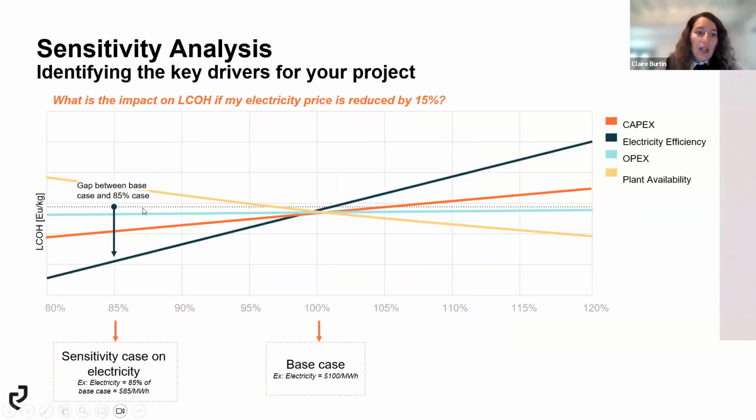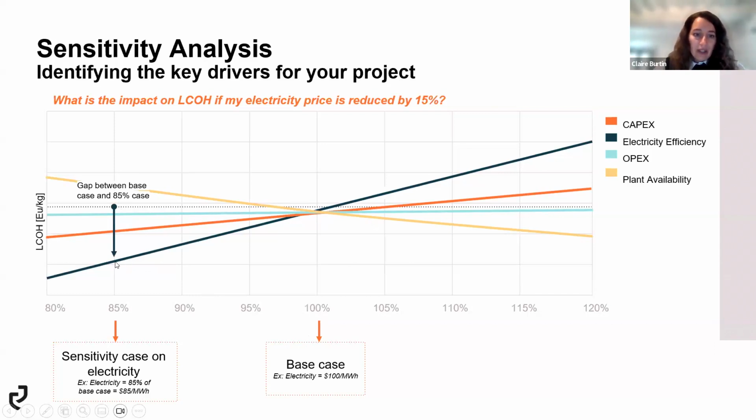So, for example, here you have a base case, and the dark blue line is the electricity cost. The base case is here 100%. If your electricity is at 100 megawatt hour, and if your electricity is at 85% of the base case, which means cheaper than initially, how is it going to affect my LCOH compared to the other parameters?